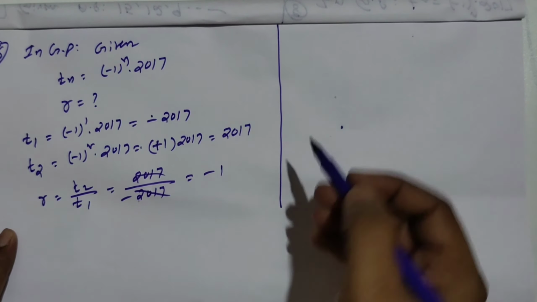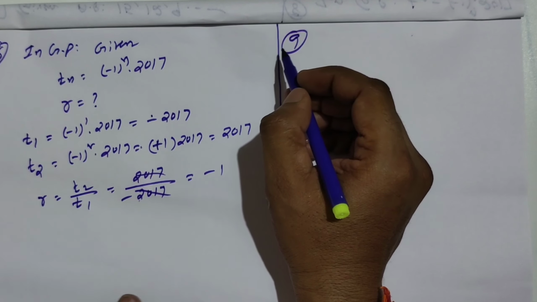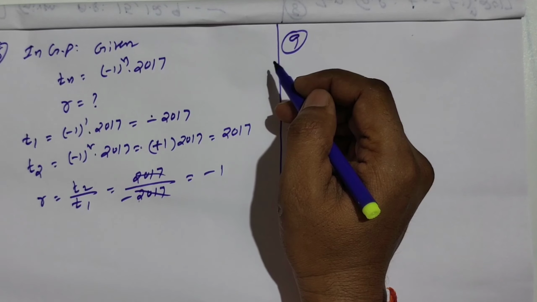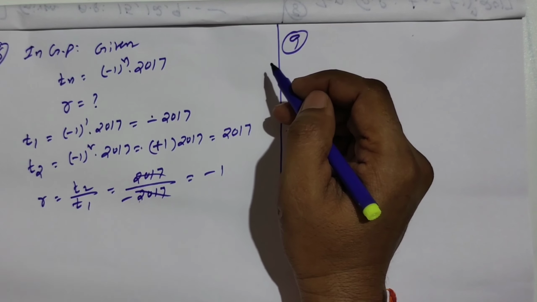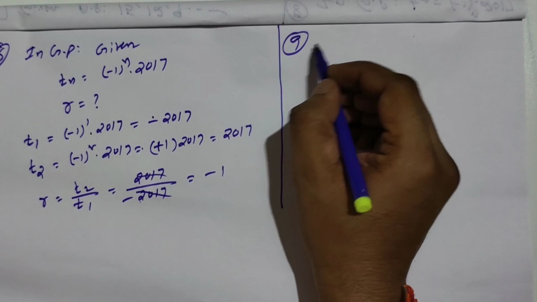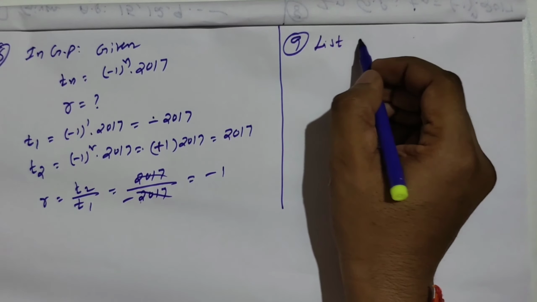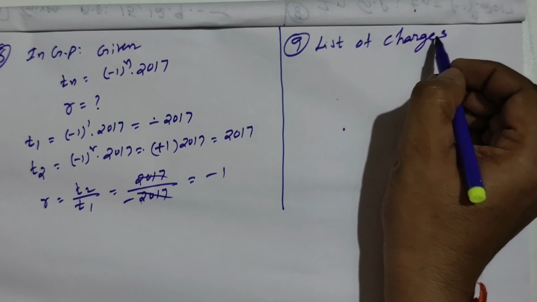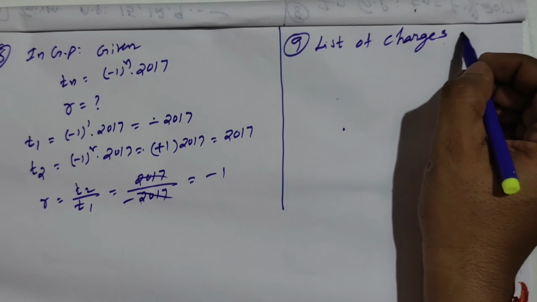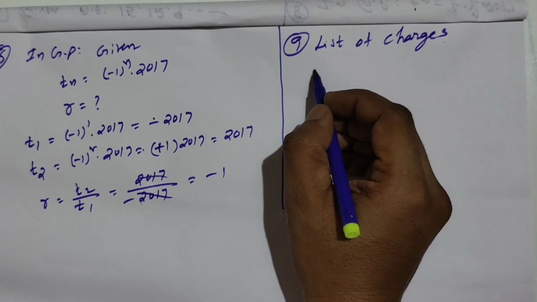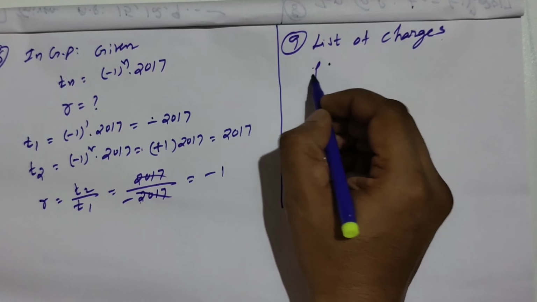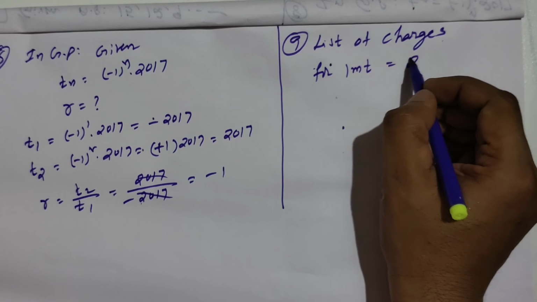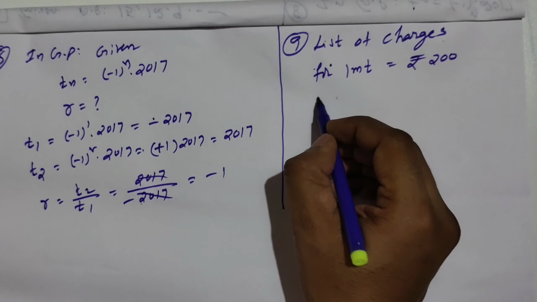Okay, and then 9th one. The hand borewell dealer charges 100 rupees for 1 meter. So in that one we have a list of charges. The first one, you can write it as, for first 1 meter, rupees 200.